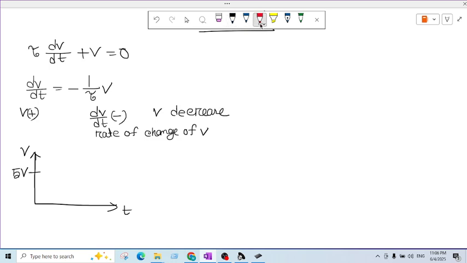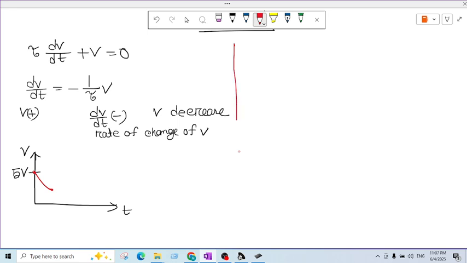Then it is clear that if the initial voltage is 5 volt, it must decrease. So this function will look like this. So it's a decay function, right? Why is it a decay function? Because the rate of change is negative.